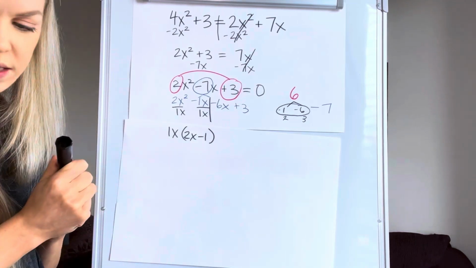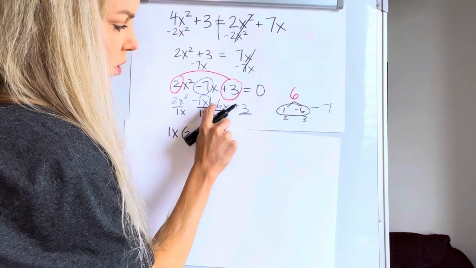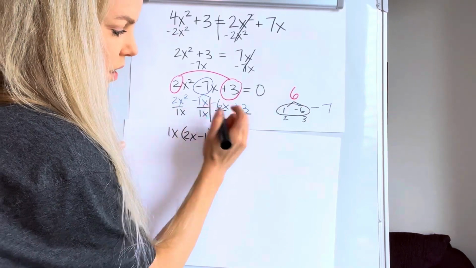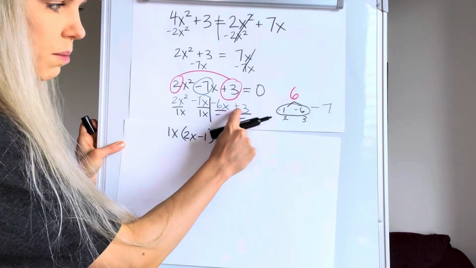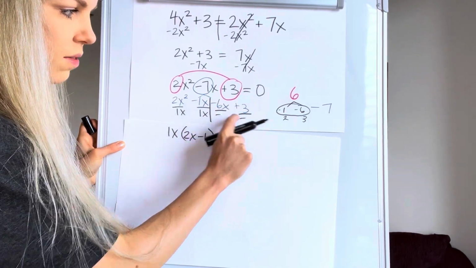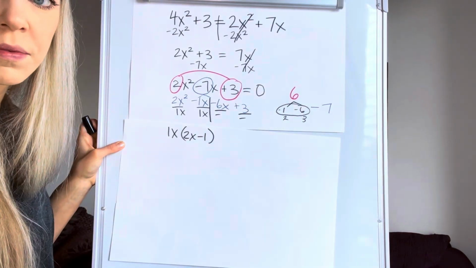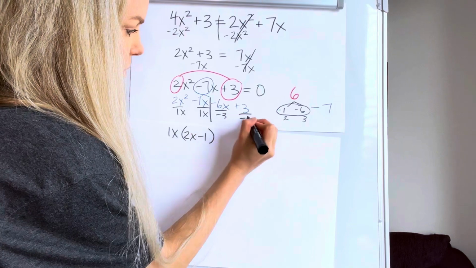Okay, for the second set of parentheses, anytime your leading term is negative, your GCF automatically needs to be negative. Doesn't matter that this is positive. If this first number is negative, this number needs to be negative. Between 3 and 6, 3 divides both of those evenly.